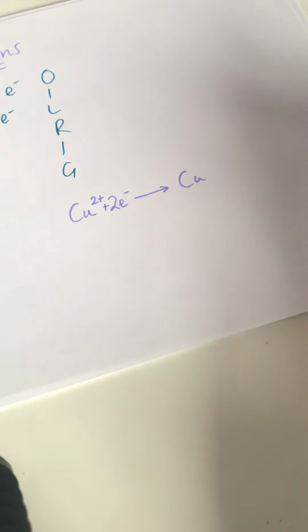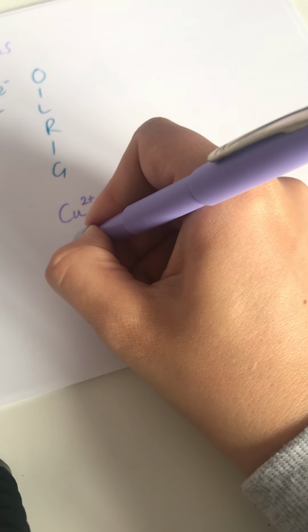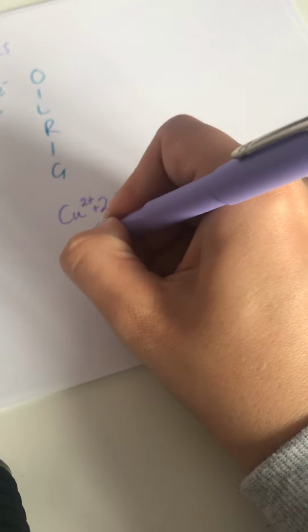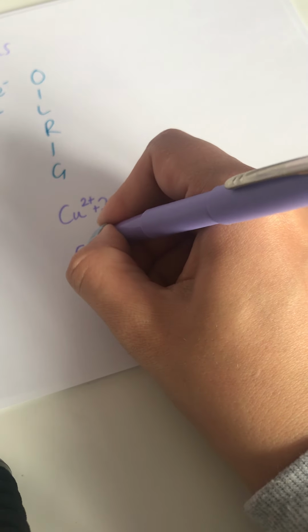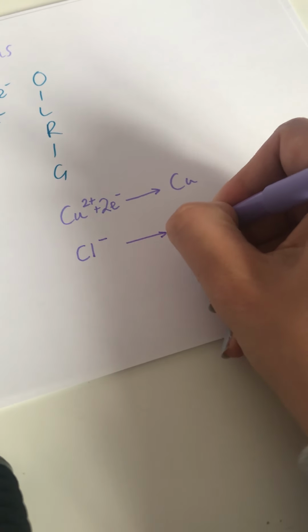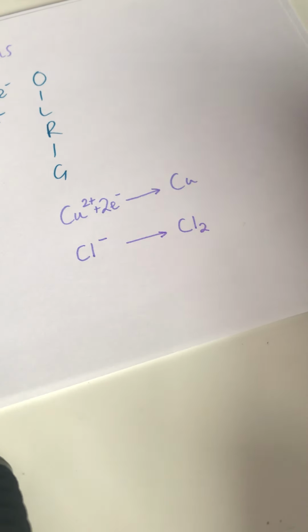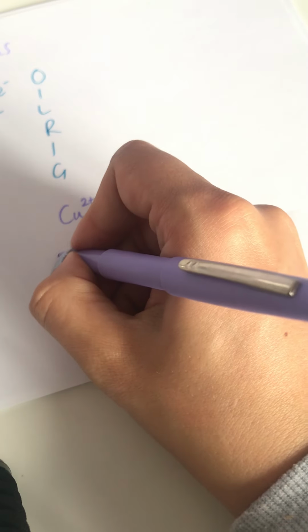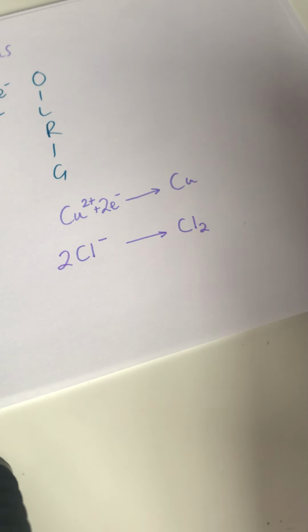If I was to take another example, this time looking at chlorine, so we're going to take a chloride ion and convert it into a chlorine molecule, remembering that chlorine is diatomic, so we will need 2 chloride ions.